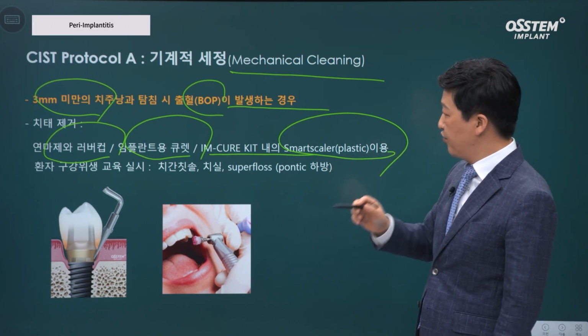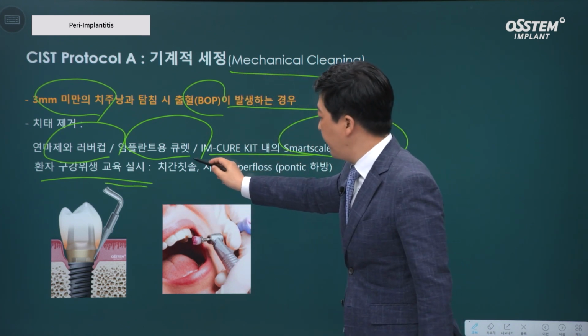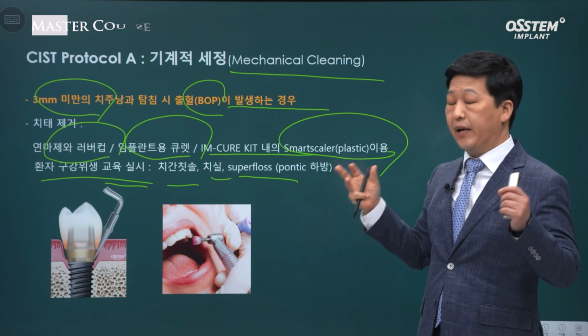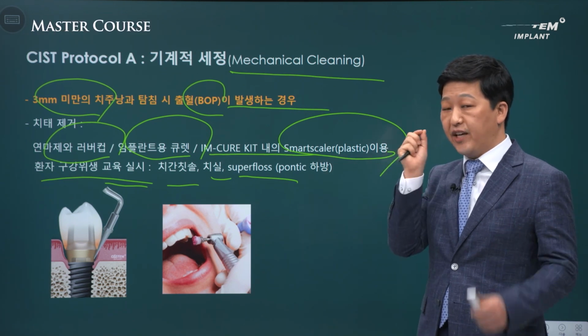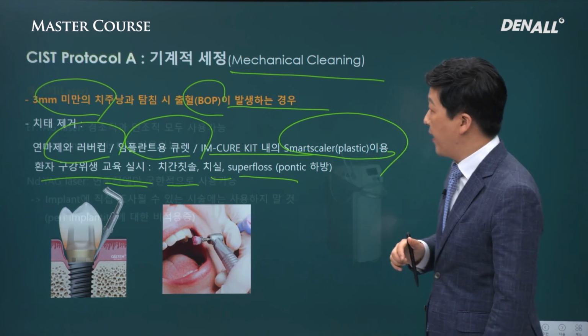More important than anything else, we need to train the patient in the importance of oral hygiene. Use of interdental brush, floss, superfloss, and water pick is taught to the patient. We need to recommend it actively.